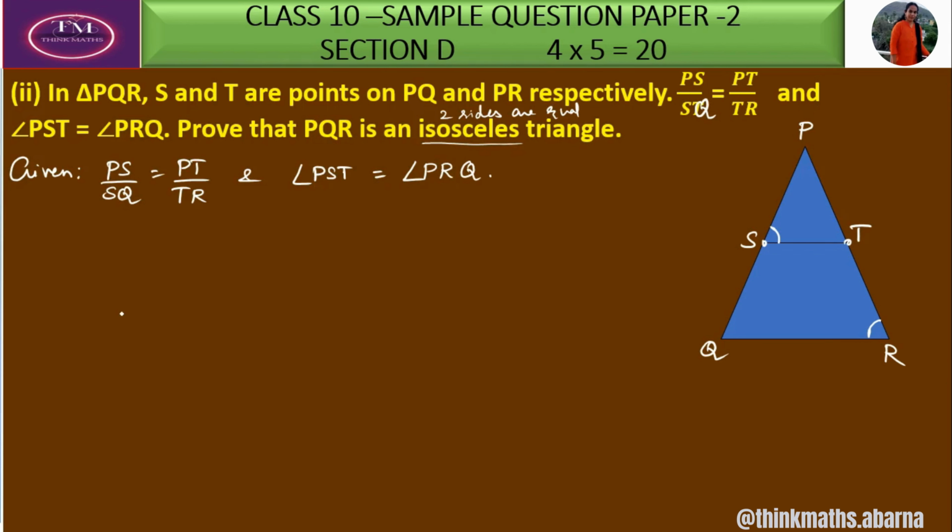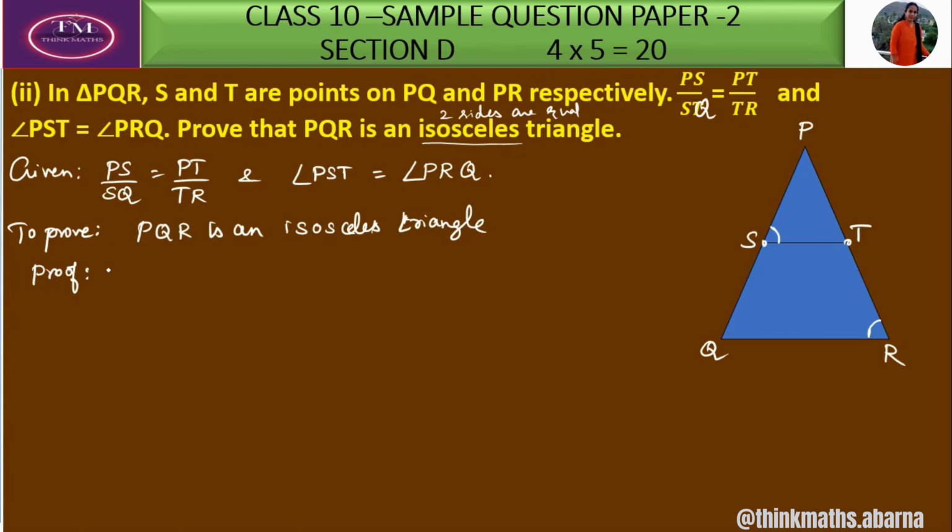What we have to prove? We have to prove PQR is an isosceles triangle. So let us start the proof.